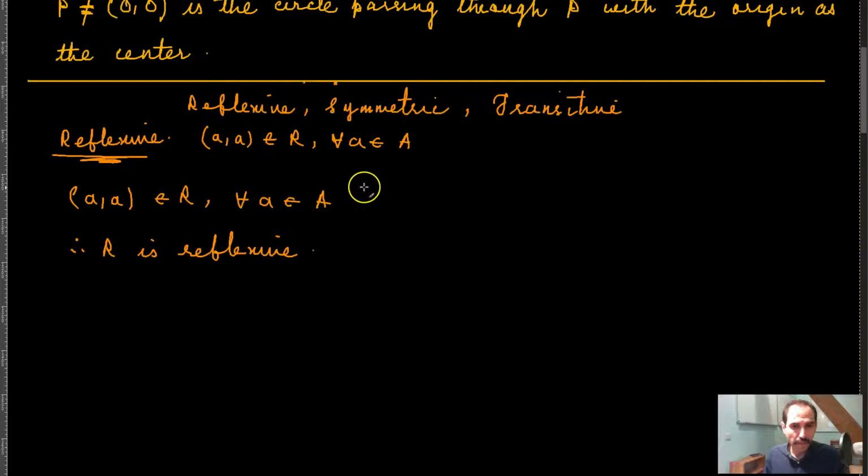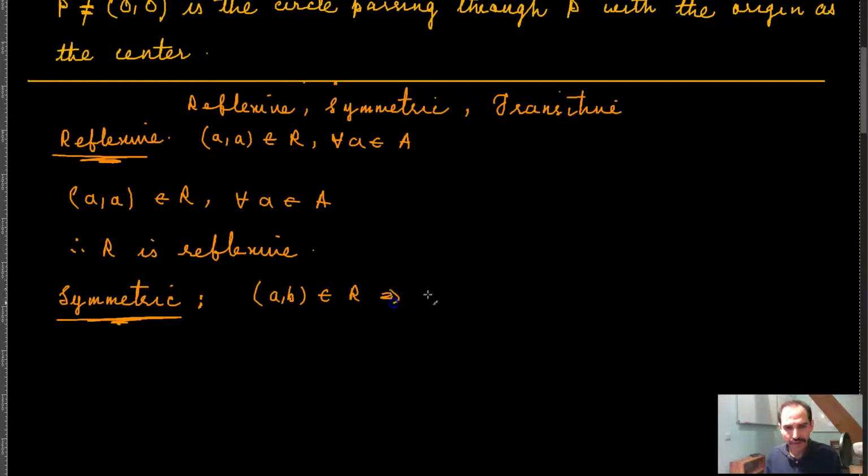Second, about R being symmetric, you need to show that A comma B belonging to R implies that B comma A belongs to R for all A and B belonging to A, right?